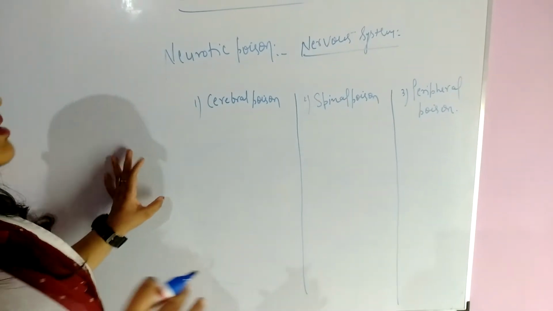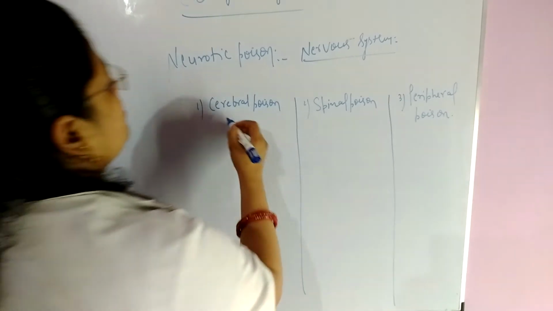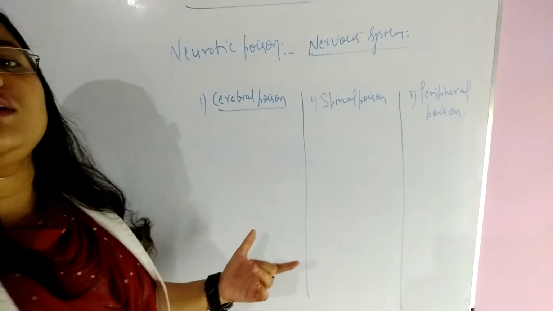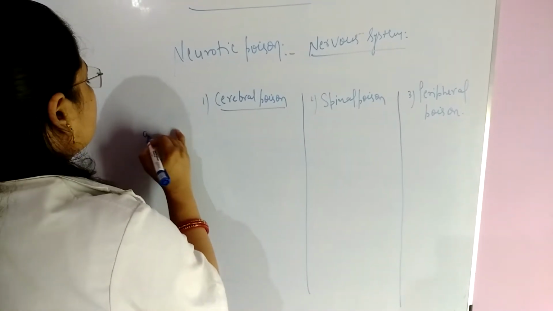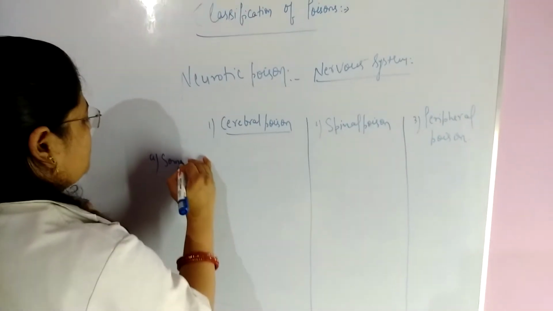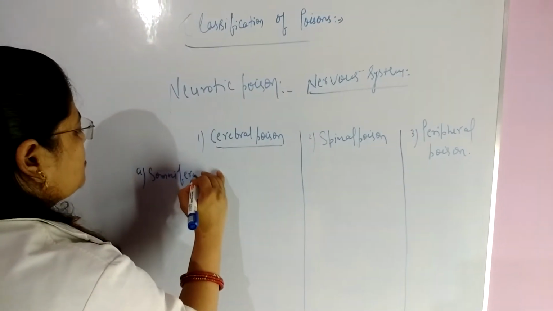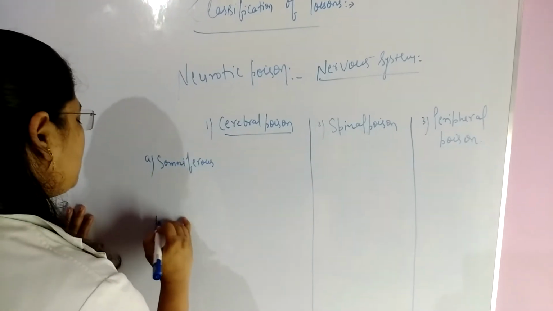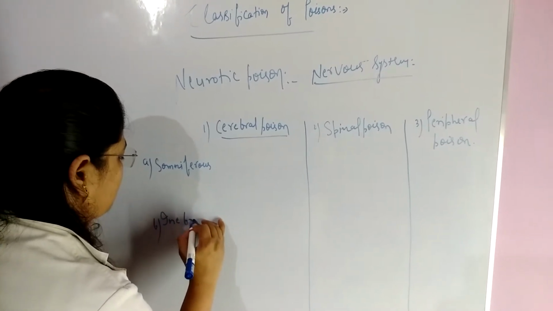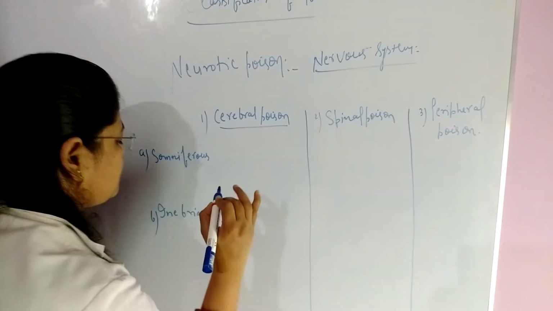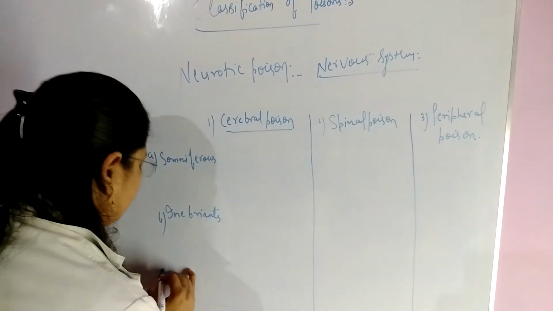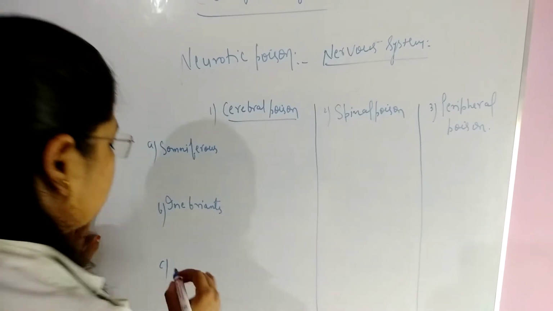Poison which acts on the cerebrum is called cerebral poison. It is again divided into A, somniferous poison; B, inebriants; and C, deliriant.